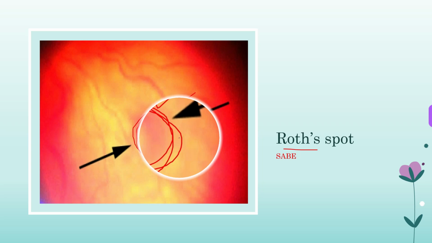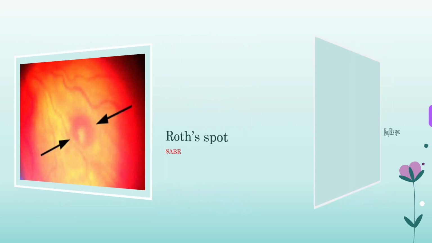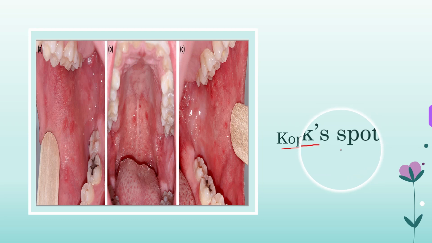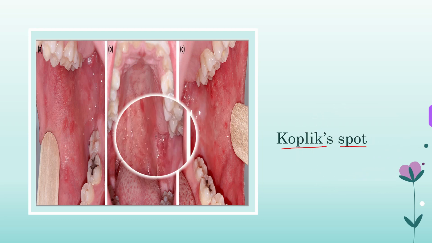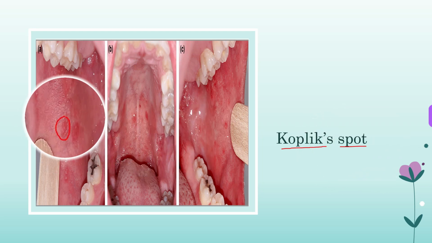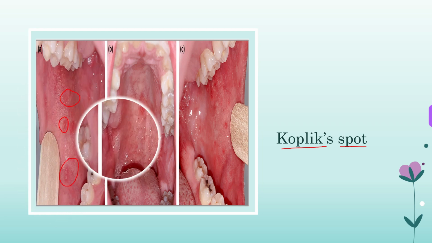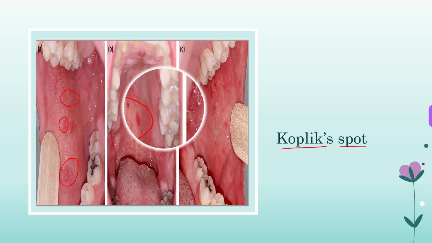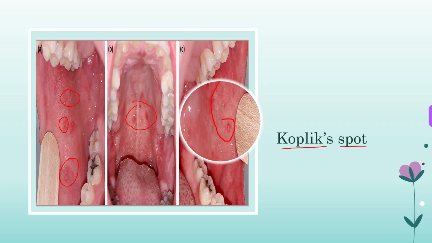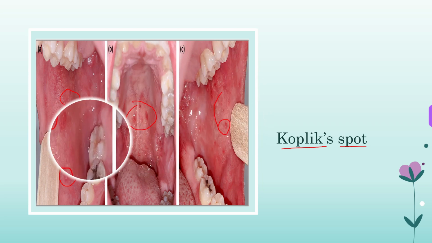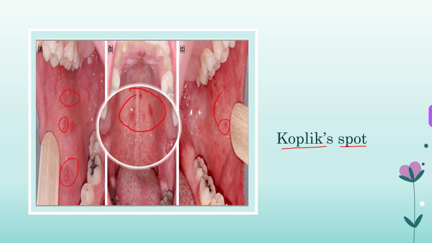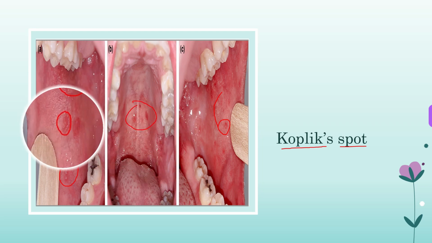The next point is Koplik spots. In what disease are Koplik spots seen? Firstly, we will talk about what Koplik spots are. Koplik spots are 1 to 2 mm white or bluish lesions with an erythematous halo on the buccal mucosa opposite the first and second upper molars and are pathognomonic for measles.